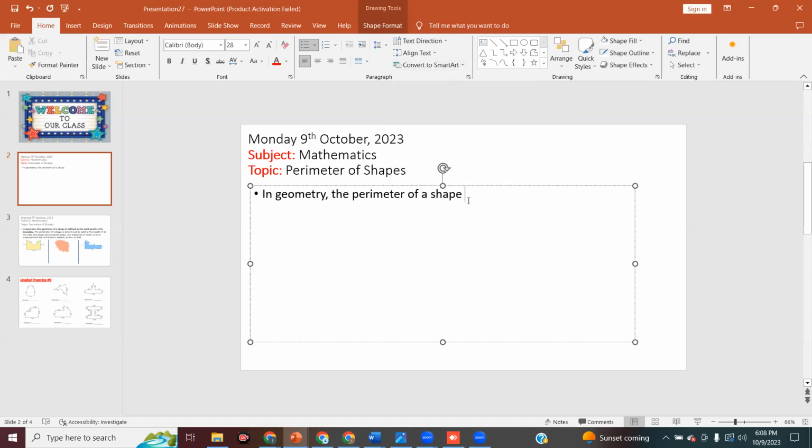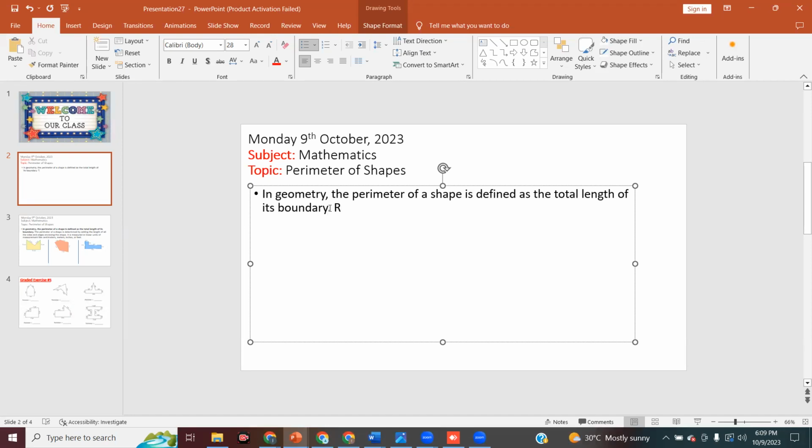All right. So in geometry, the perimeter of a shape is defined as the total length of its boundary. The total length of its boundary. That's what we mean by the perimeter, or the distance.